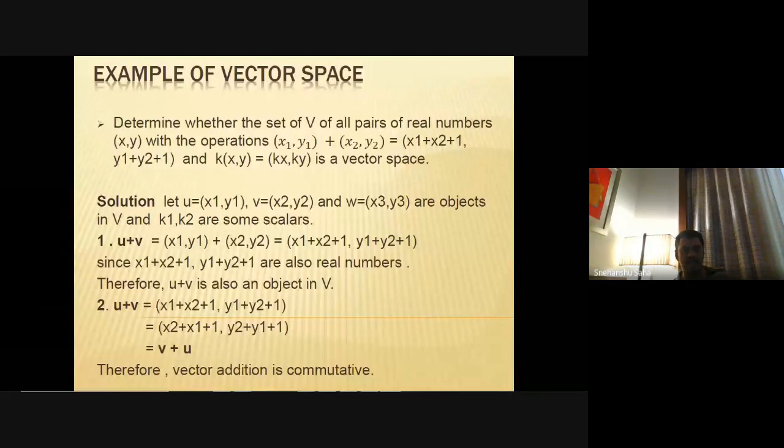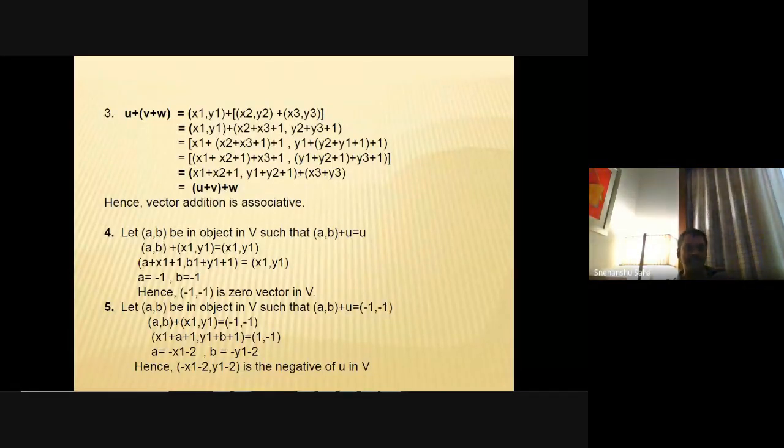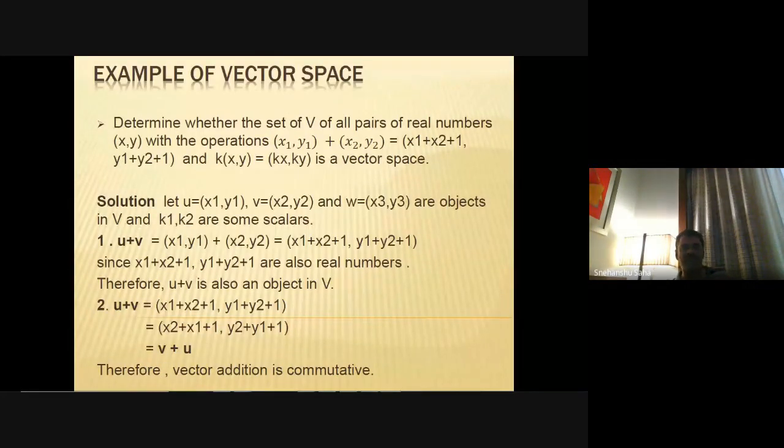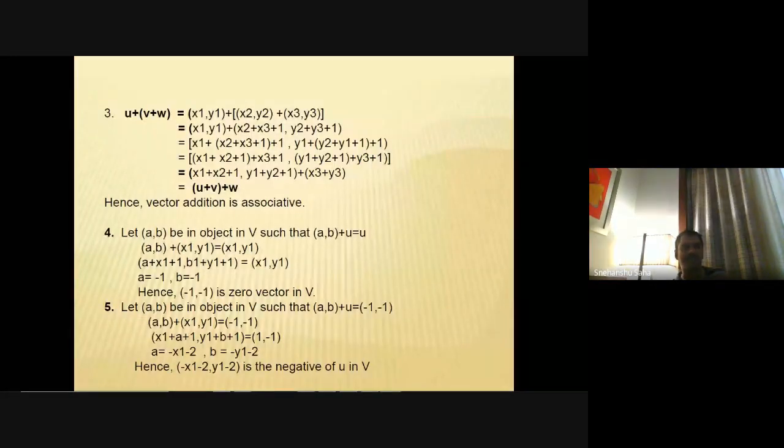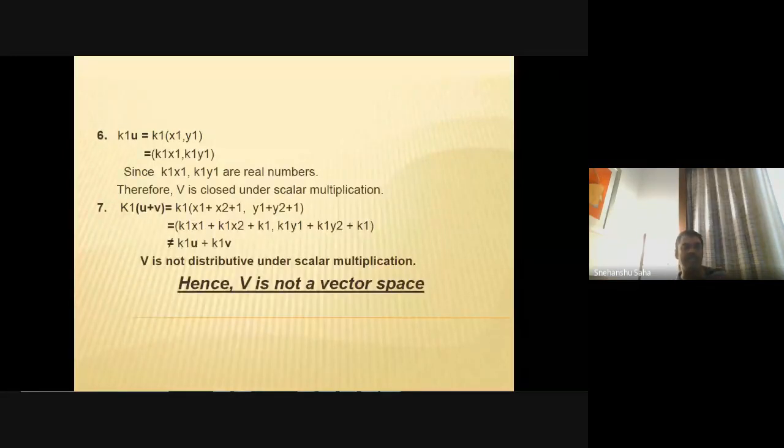So you start with closure, and then commutativity, associativity, and then the inverse with respect to addition, and then the identity element with respect to addition, inverse with scalar multiplication, and everything.